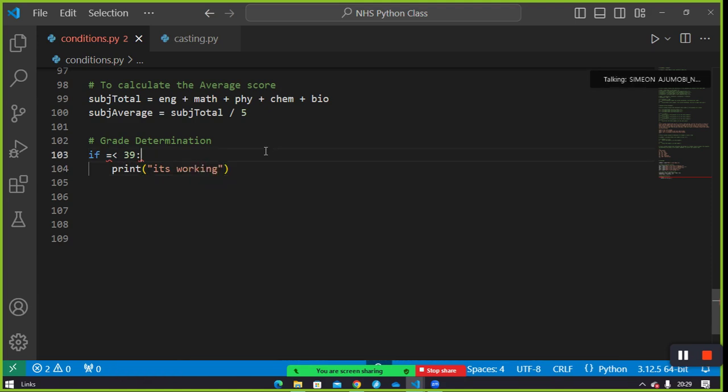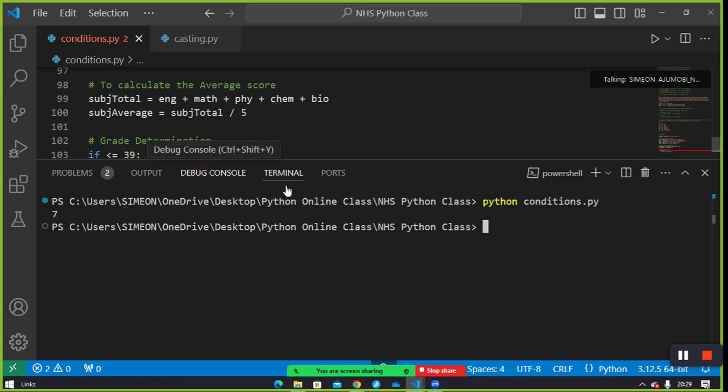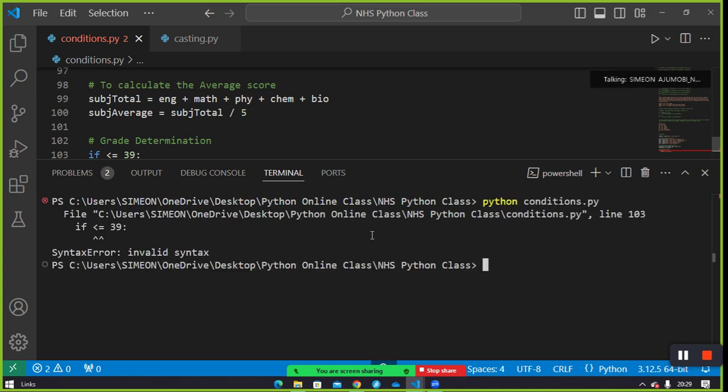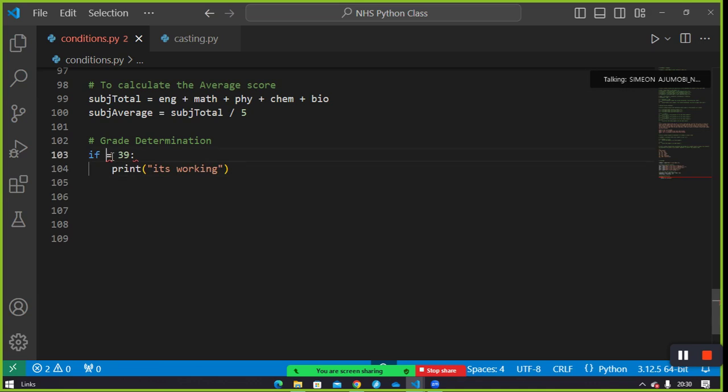It's working. Let's see. Is it equals to or less than or equals to? I think it should be less than or equals to. Let's see how this would work. Okay, yeah, less than or equals to is giving me an error here, so it's definitely equals to or less than.